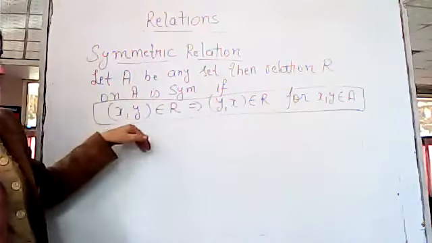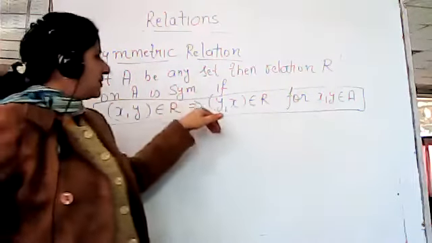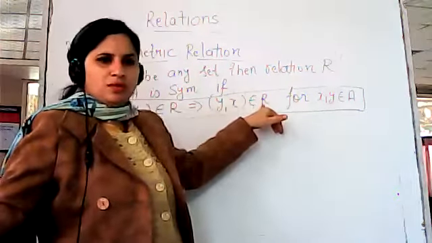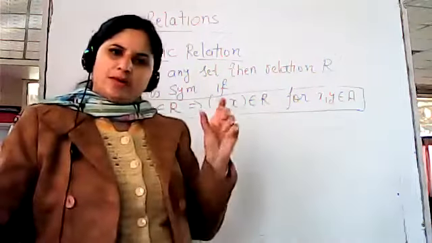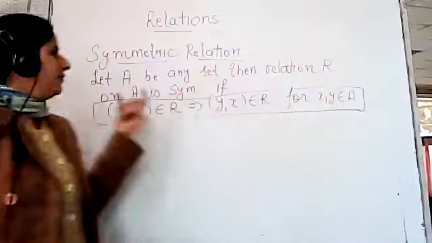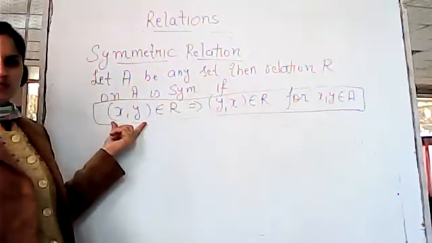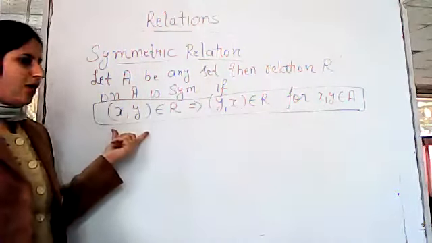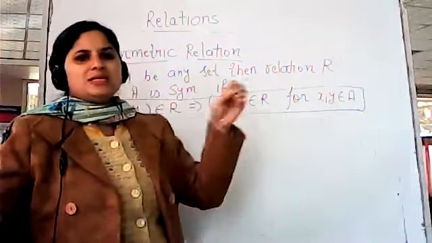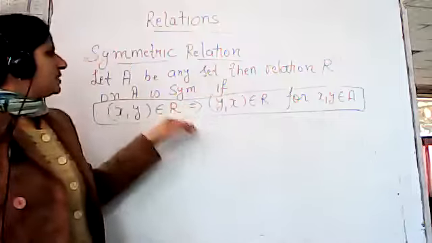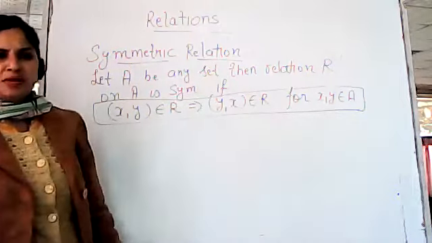If I have taken any ordered pair from the relation, for all the ordered pairs, if their inverse is also present in the same relation, then you will say the given relation is a symmetric relation.